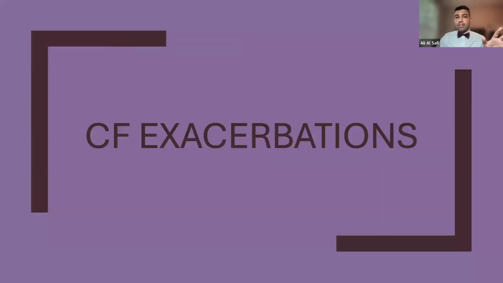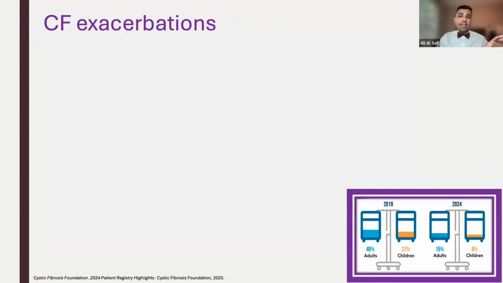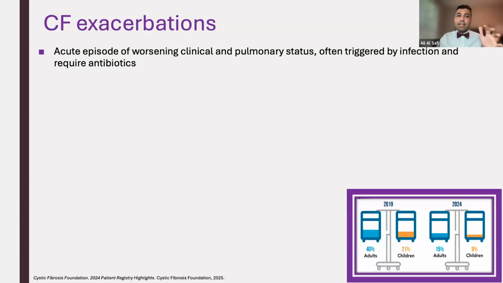I'll talk quickly about CF exacerbations. The CF field has not reached a consensus definition of pulmonary exacerbation for the purpose of patient care or clinical research, but we can say it's an acute episode of worsening clinical and pulmonary status, often triggered by infection and requiring antibiotics.